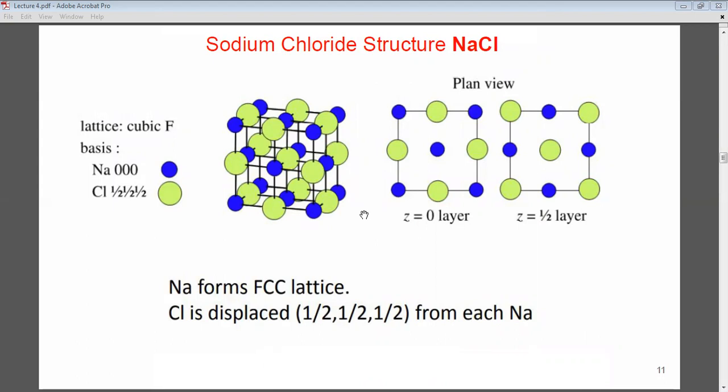And if we look at it carefully, we can see that sodium is forming an FCC lattice, labeled cubic F. If we take sodium to be blue and look only at the blue atoms, ignoring the green ones, we see that sodium by itself has an FCC structure.